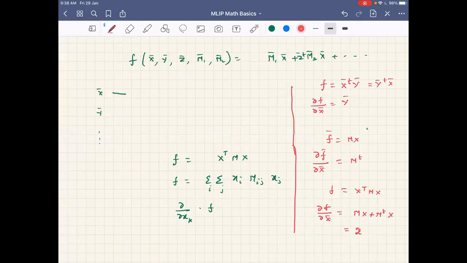It becomes 2Mx. So this usually happens, so please make note of these things. And you yourself verify whether this works to get the solution which we have written here.